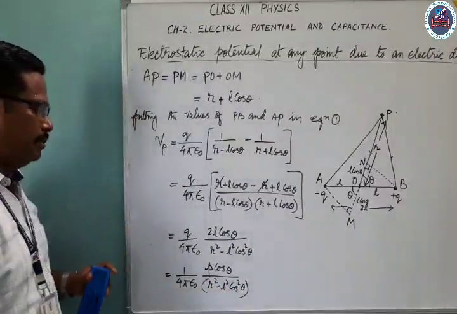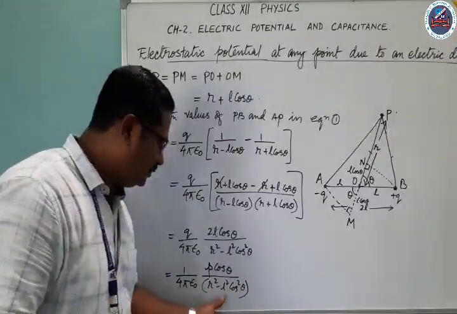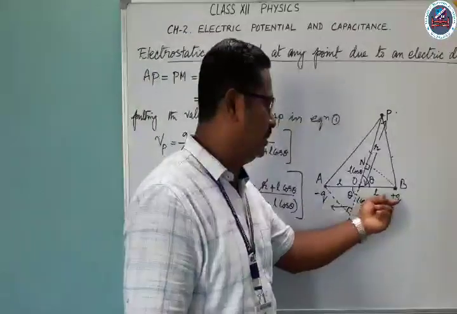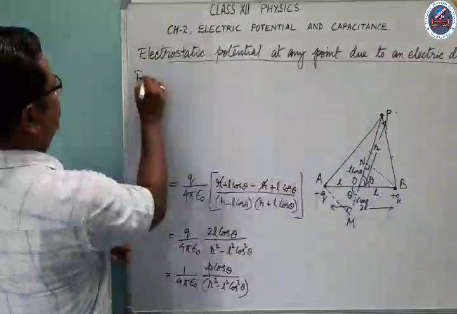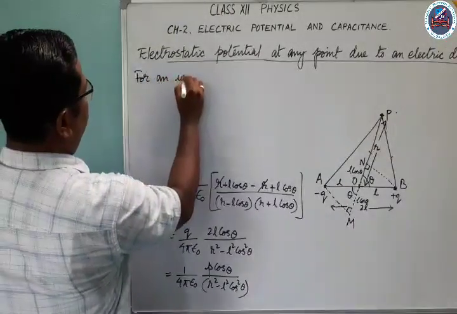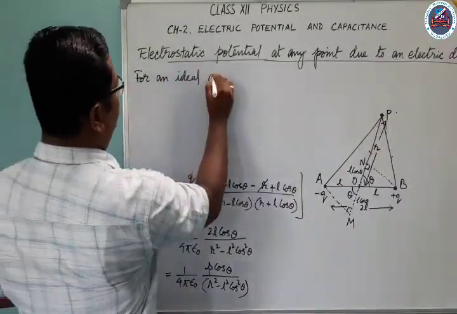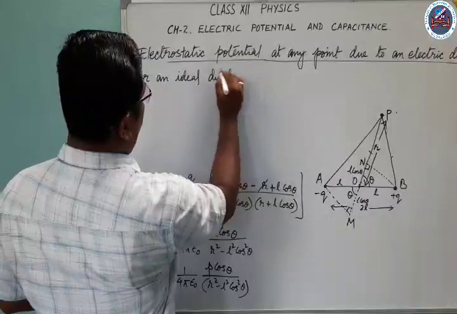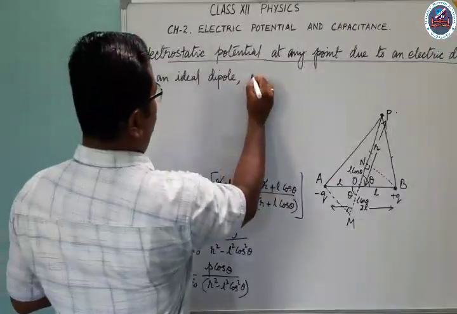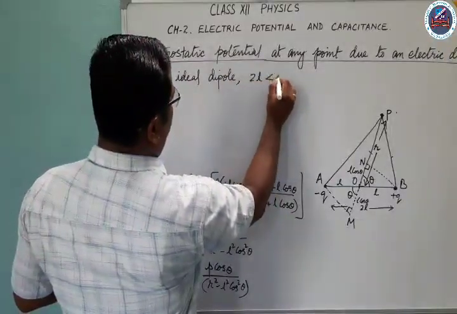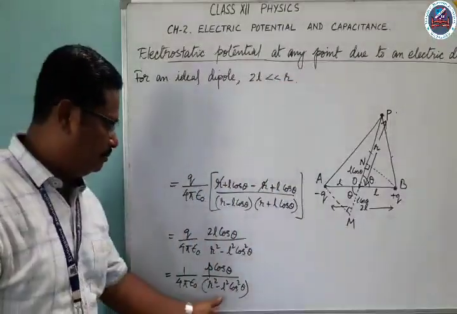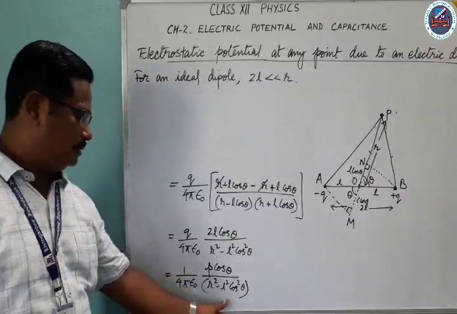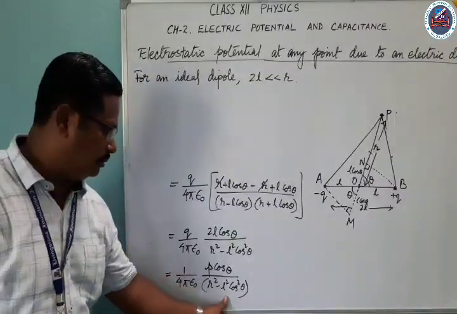But for an ideal dipole, as we know, L is very small, 2L is very small as compared to R. Therefore, this term L can be neglected. If L is 0, then this term also will become 0.